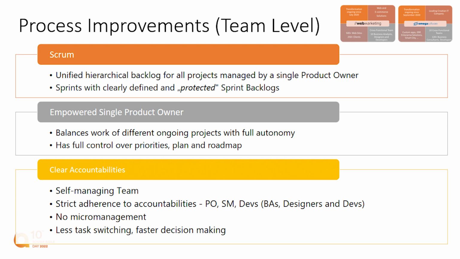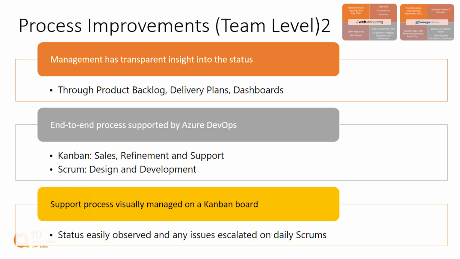Okay, there are clear accountabilities, as I already mentioned, at the team level, so product owners, Scrum Master, developers, and the influence of that change on micromanagement has already been mentioned.